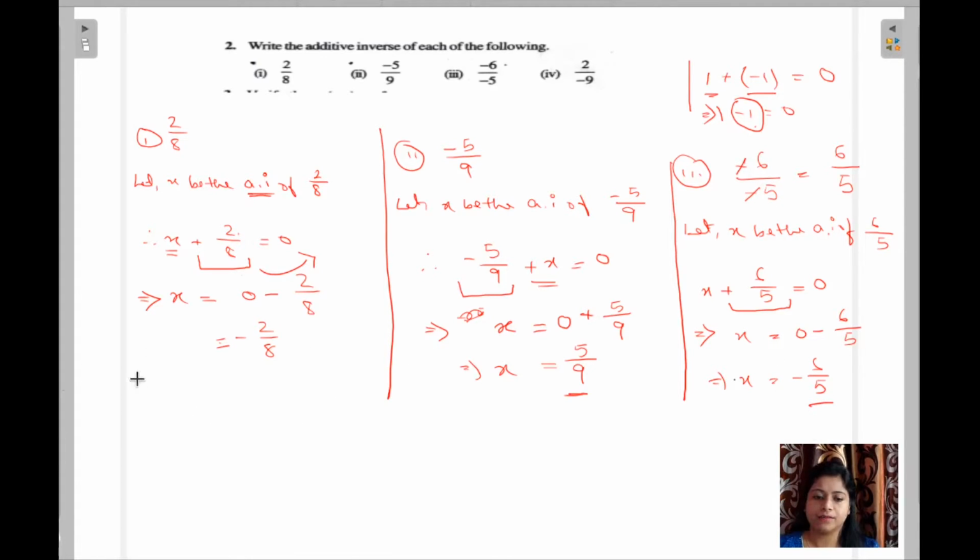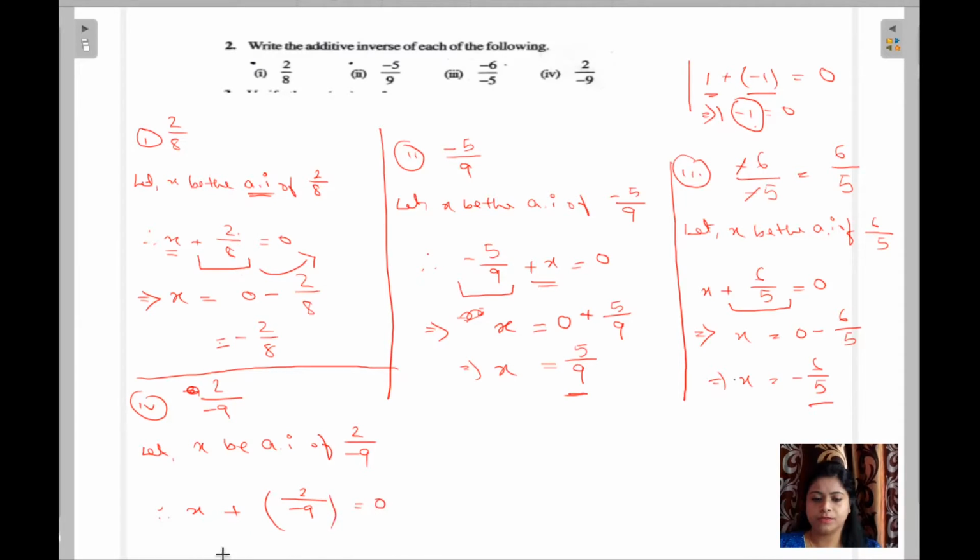Next come to number 4. Number 4, 2 by minus 9. Again same process only. Let x be the additive inverse of 2 by minus 9. So therefore x plus 2 by minus 9 equals to 0.